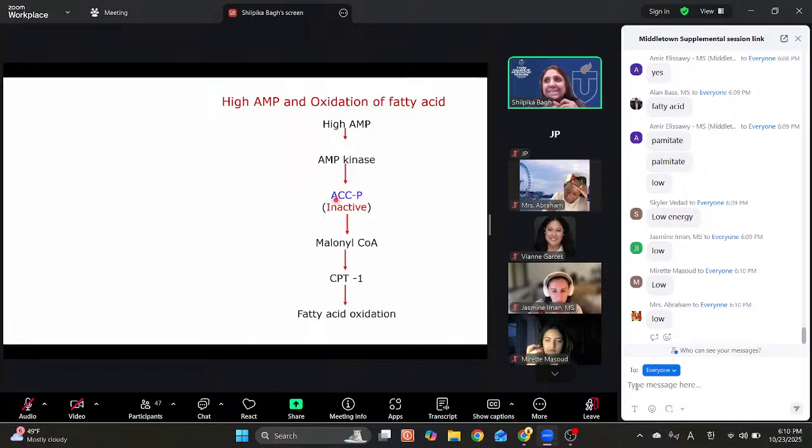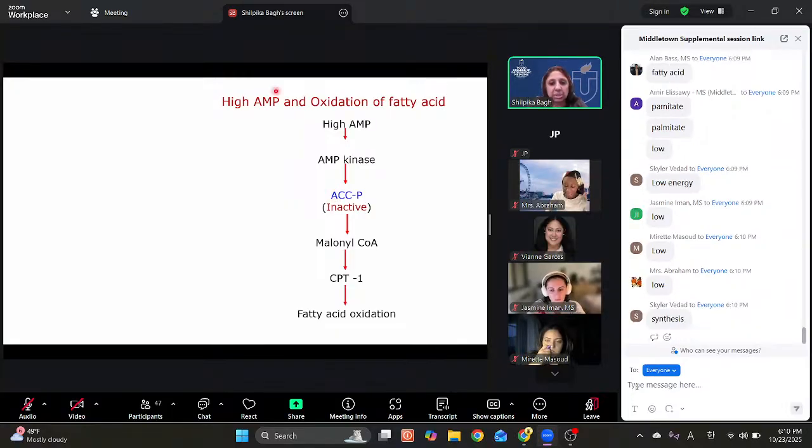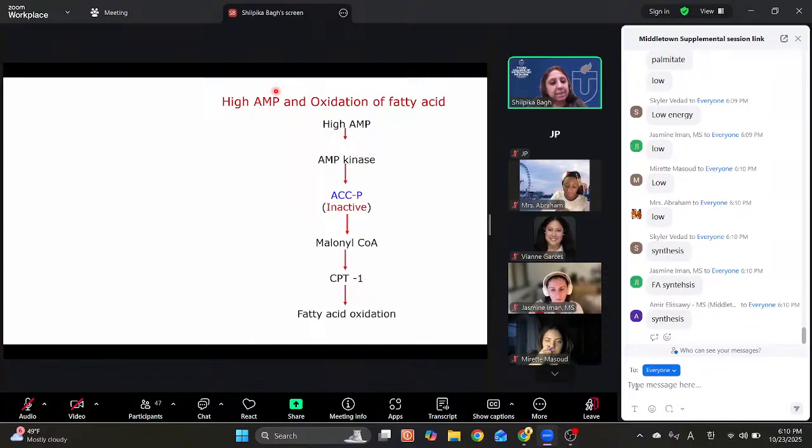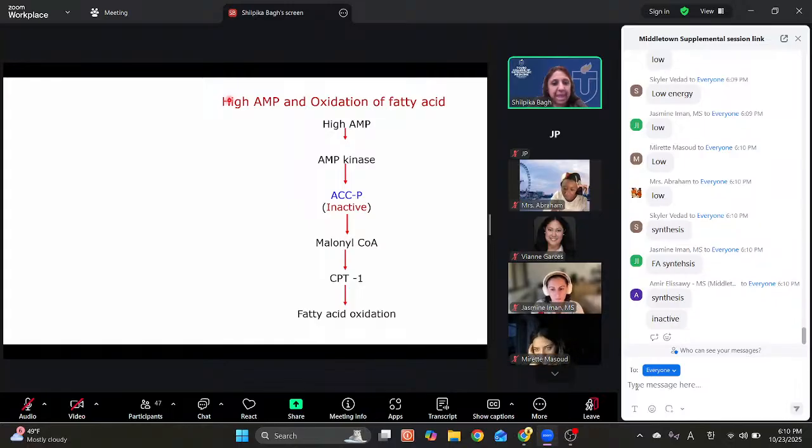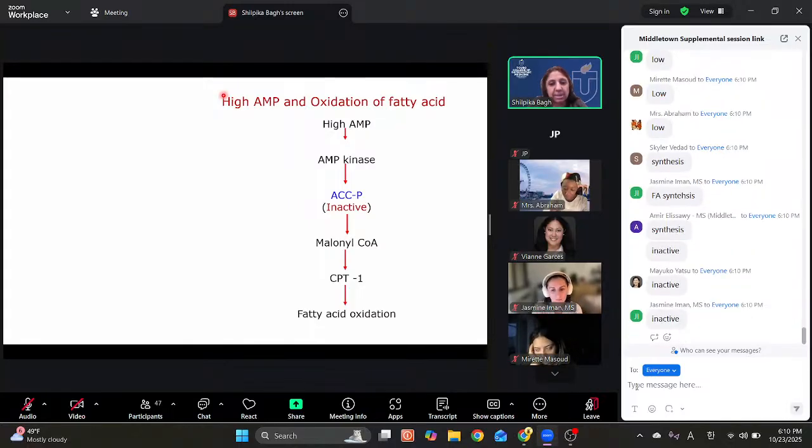Now, what is ACC an enzyme for? Fatty acid synthesis or oxidation? ACC, fatty acid synthesis. So if in low energy status you are phosphorylating ACC, will it be active or inactive? Inactive.